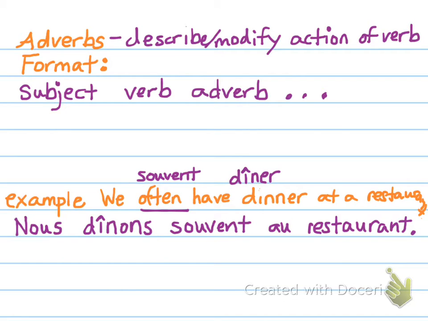So we often have dinner at a restaurant is nous dînons souvent au restaurant. Again, this adverb, souvent, comes right after our verb, and that is the case in all French sentences.